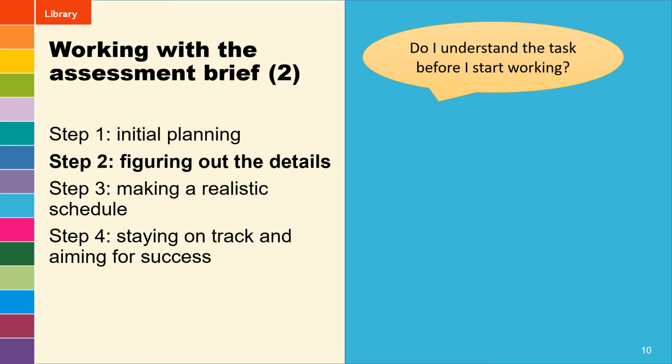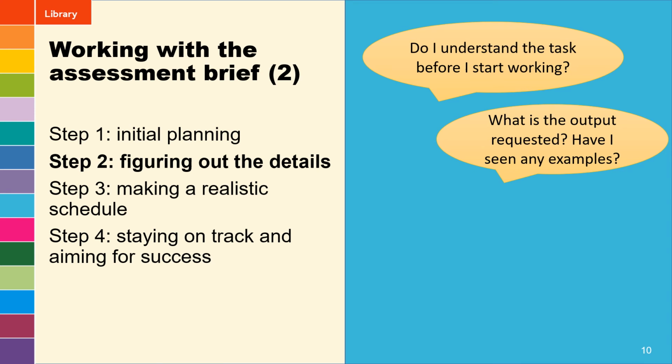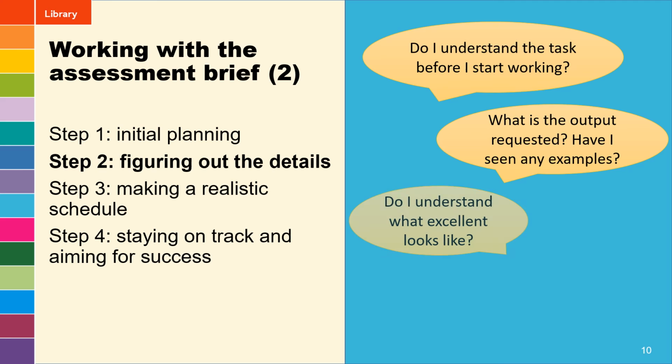At the next step, it is time to go more in depth. This is still before you start work, a time to clarify any ambiguities or questions you may have. Ask yourself, do I have a clear picture of what I need to do and the output I'm asked to produce? Do I understand what a good example of this work would look like?